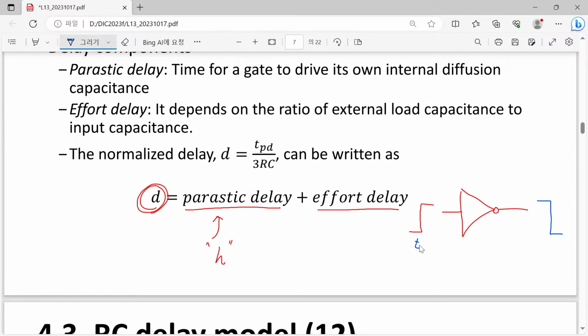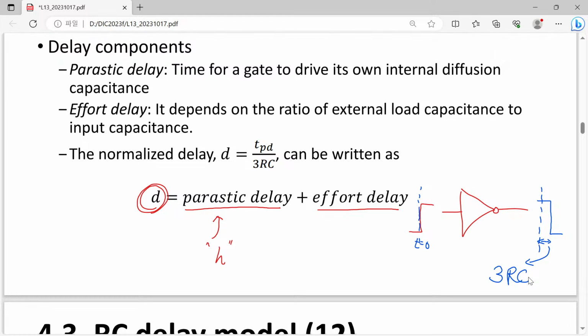Although we start from t equal to 0 at this sudden transition, there will be a certain amount of time, corresponding to 3 times RC when we consider an unloaded inverter.